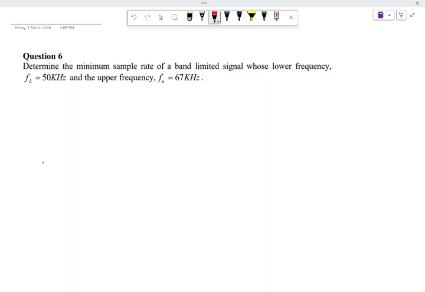If we draw the frequency domain representation of this one, for example, here is 50K hertz, this is the lower part, and here is the 67K, which is the upper part.